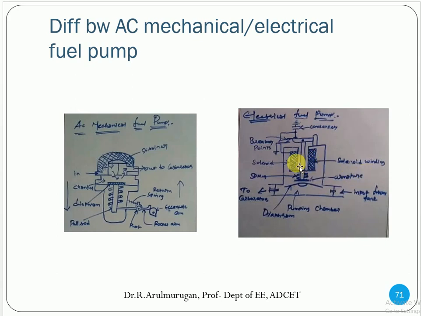Once it is magnetized it moves in the upward direction. Due to the spring tension it moves upward, and the break point is touched. When it is touched, it is demagnetized. So full pressure is created like that.